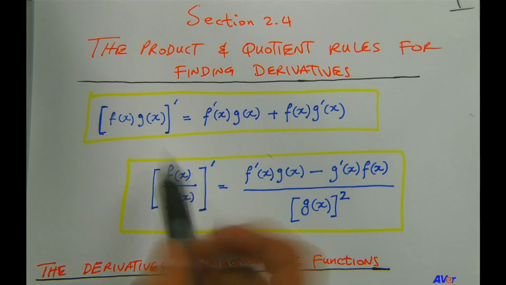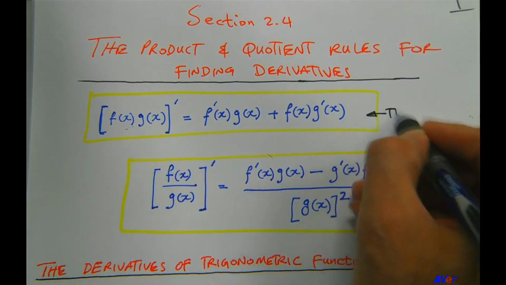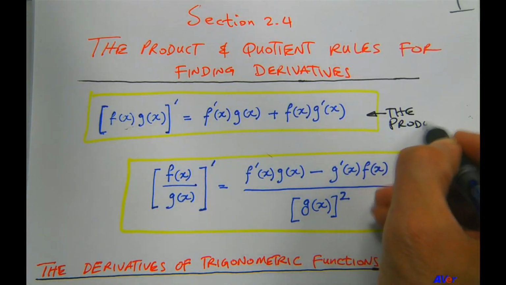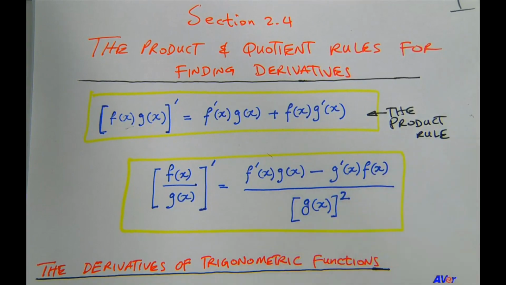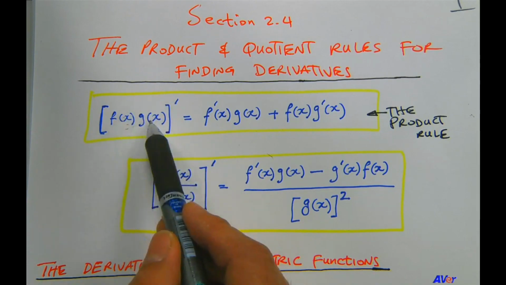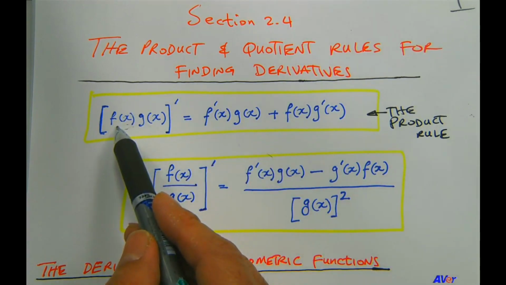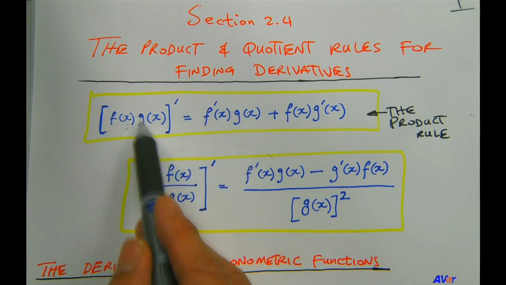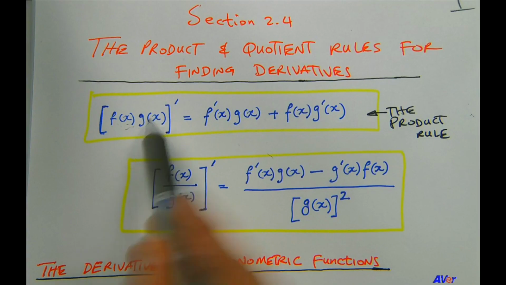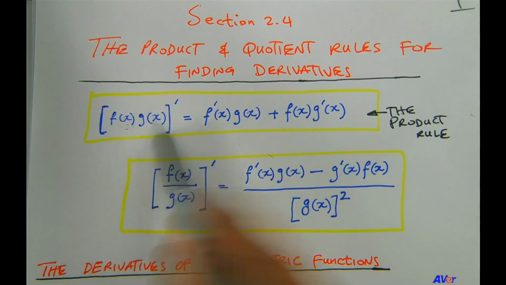That's the main topic. Those two are the main topics in this section. So as you can see here, for example, this is the product rule, which says that if two functions are being multiplied by each other and we want to take the derivative of such an operation, the derivative of such a combination is equal to the derivative of the first function, let's call it f in this case, function f, the derivative of function f multiplied by the same function as g, and then plus the original function f, or the first function, times the derivative of the second function.